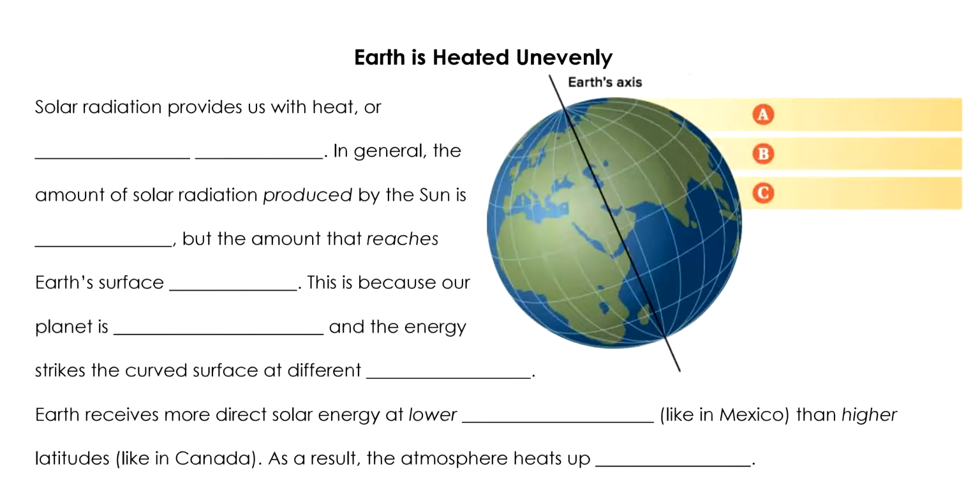Sunlight hits our Earth unevenly because the Earth is tilted 23.5 degrees off its plane of orbit. This is called axial tilt. And so as a result, the sun hits the Earth at different angles. We know that solar energy provides us with heat or thermal energy.